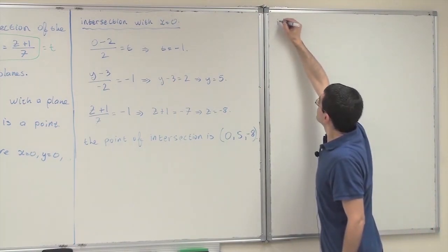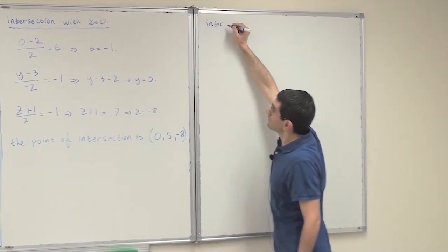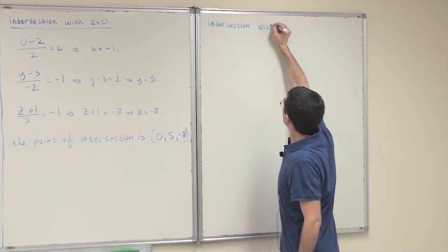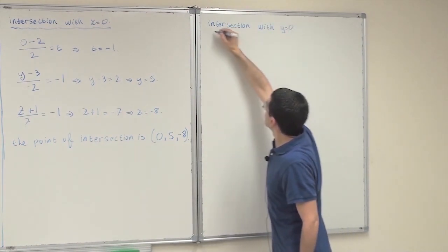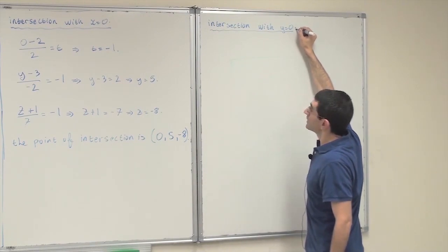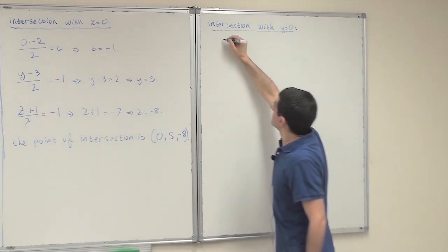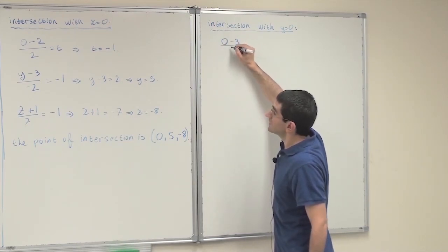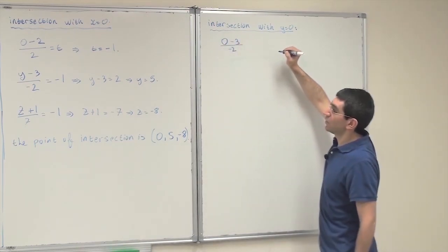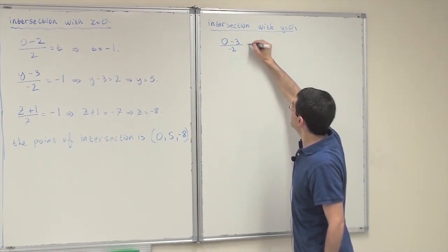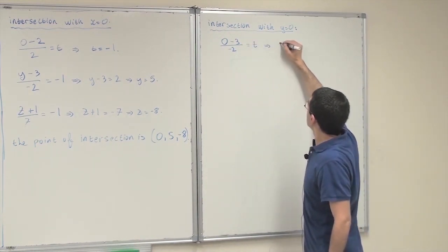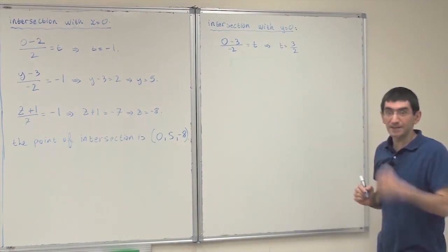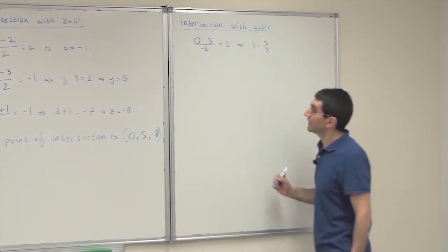Now, I'm going to do the same thing with the other 2 coordinate planes. So first of all, y equals 0. I substitute 0 for y in the equation (y minus 3) over minus 2 equals t. And then I find the value of the parameter, 3 over 2. As I said, this is the time of intersection.